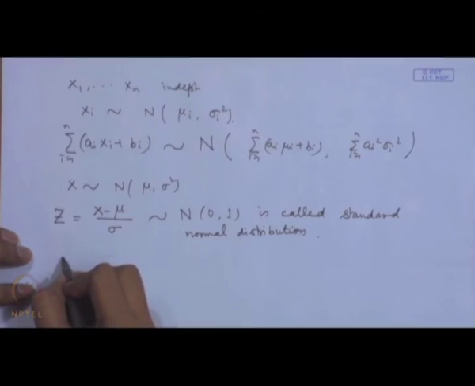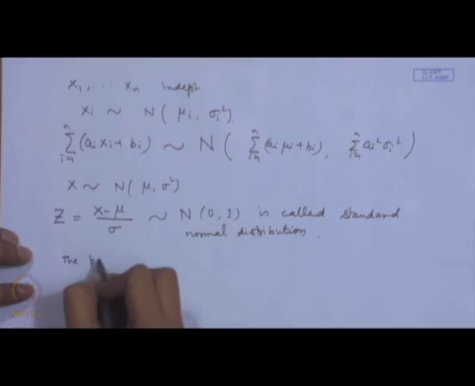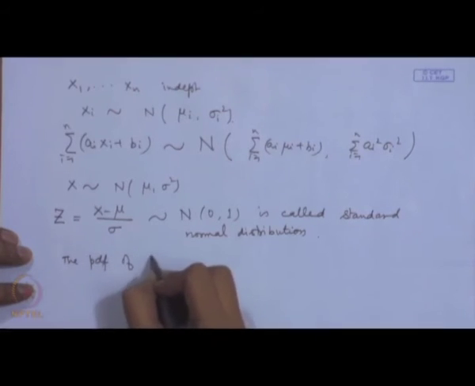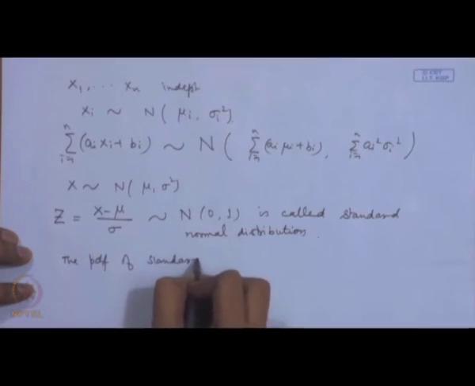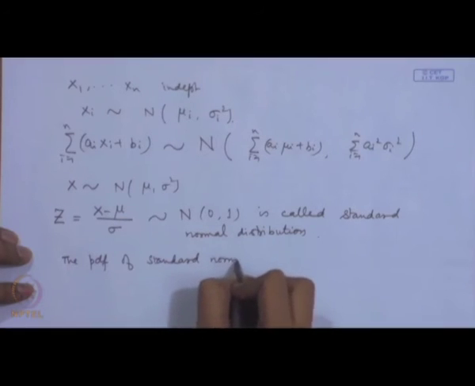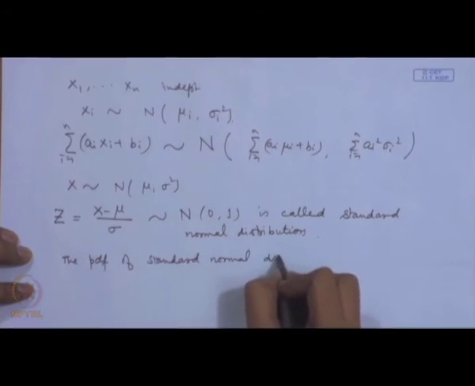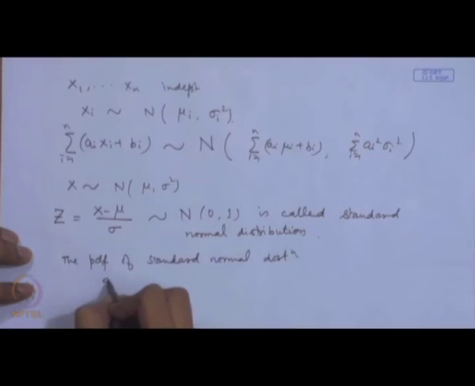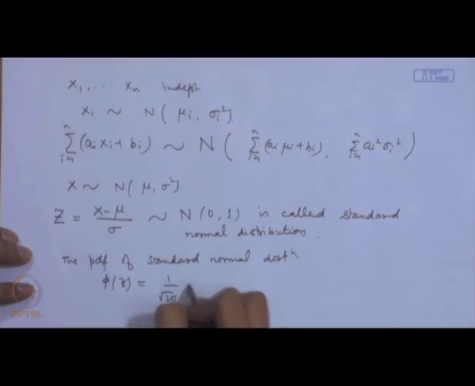So, the probability density function of the standard normal distribution is phi z. We use this notation: 1 by root 2 pi e to the power minus z square by 2.